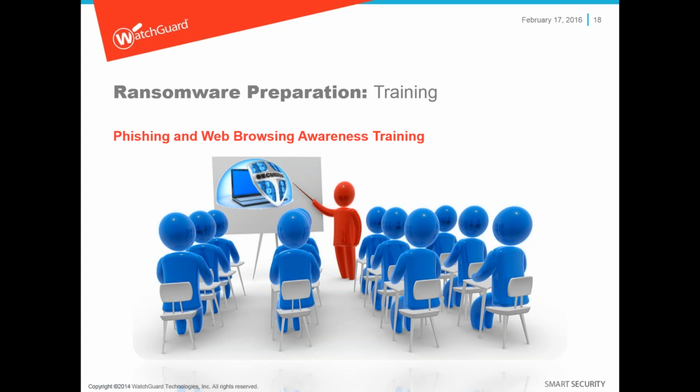And it's not only the users who need to be trained. Our IT teams do too. It's important that our IT administrators not only understand how the malware works, but also how it can be delivered to the network. And most importantly, how they need to configure their security services and appliances to prevent such content from coming down to their network.